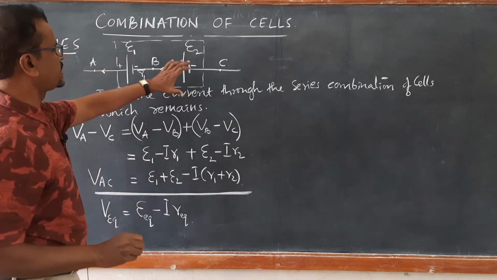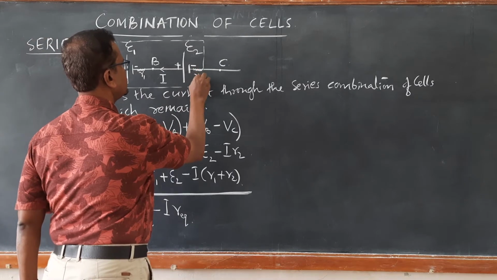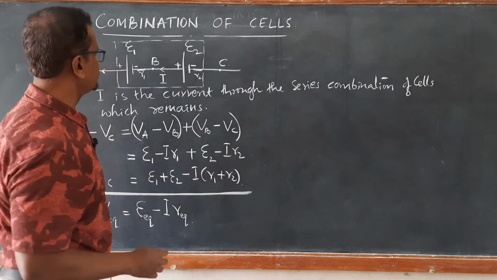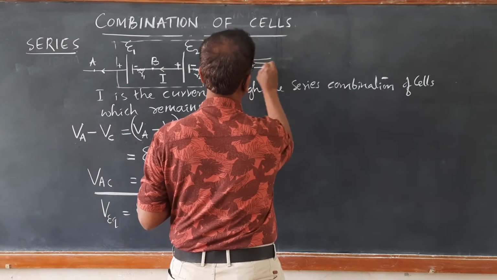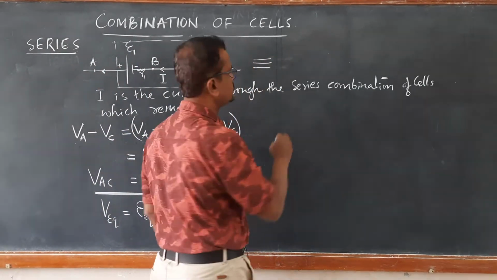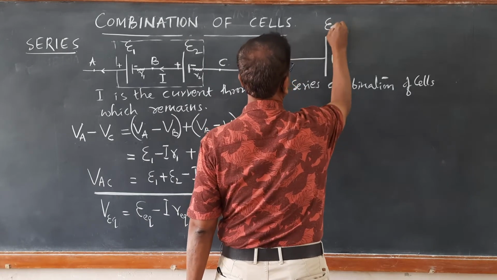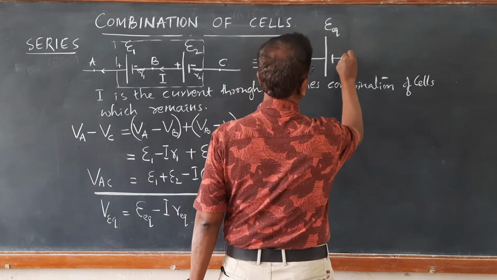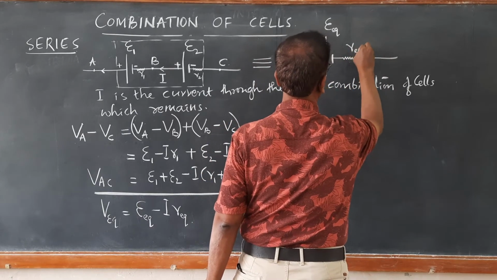Suppose these two cells are taken in a box. This is of internal resistance R2. Just symbolically you can show. Then the same thing can be shown equivalent to a cell of E equivalent with the internal resistance R equivalent.